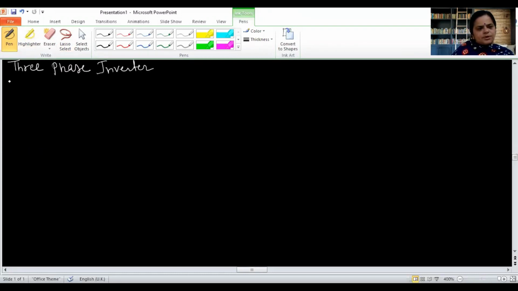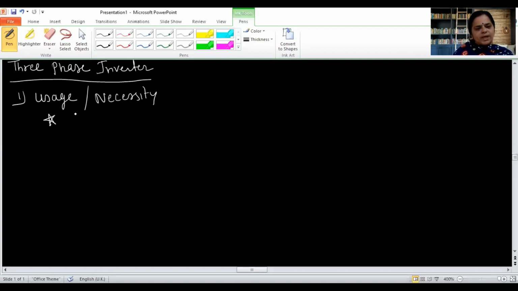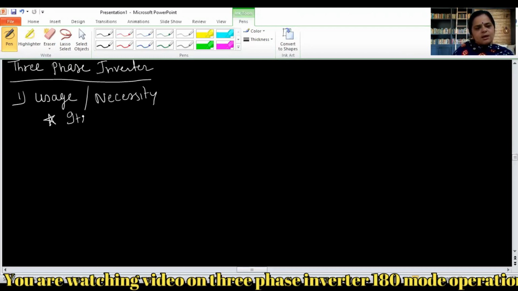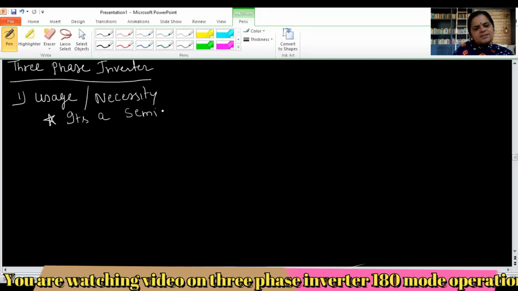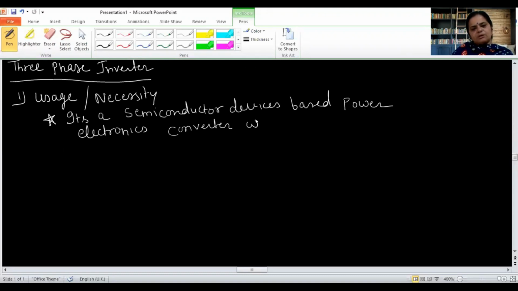Three-phase inverter. The first thing we are going to discuss is its uses or necessity. The first point I can write is that it's a semiconductor devices based power electronics converter which converts DC supply into AC supply.